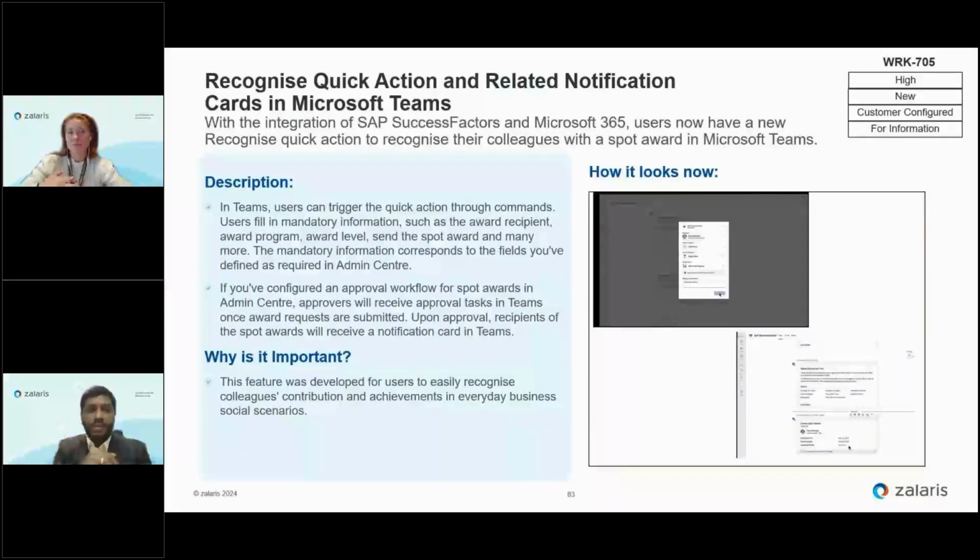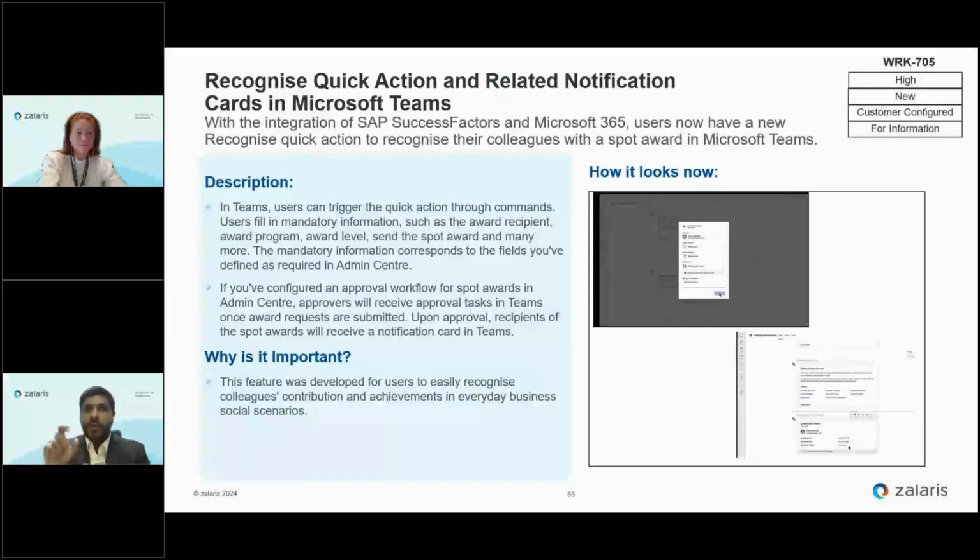Okay, next one is about Recognize quick actions and related notification cards in Microsoft Teams. This is a very good functionality, because it is now integrated with Microsoft Teams. When you have integrated with Microsoft in Teams itself, you can give an award directly from Teams.